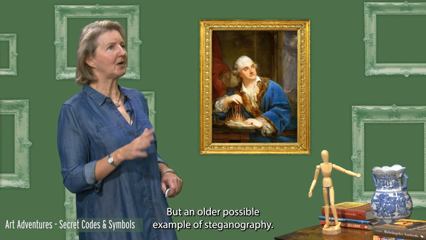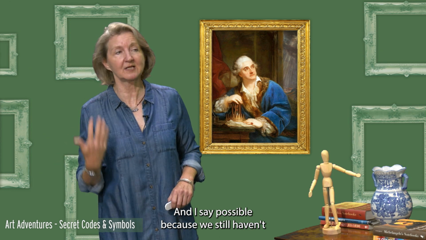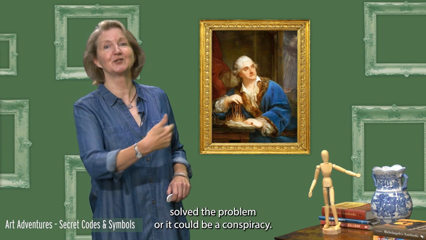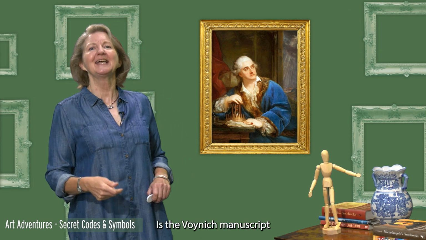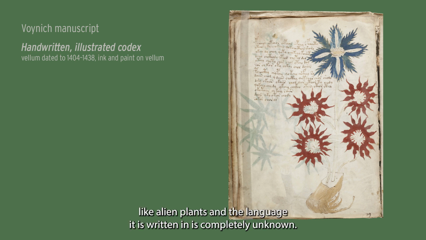But an older possible example of steganography, and I say possible because we still haven't solved the problem, or it could be a conspiracy, is the Voynich manuscript, a heavily illustrated book dating from the 1400s with weird pictures of things like alien plants. The language it is written in is completely unknown.